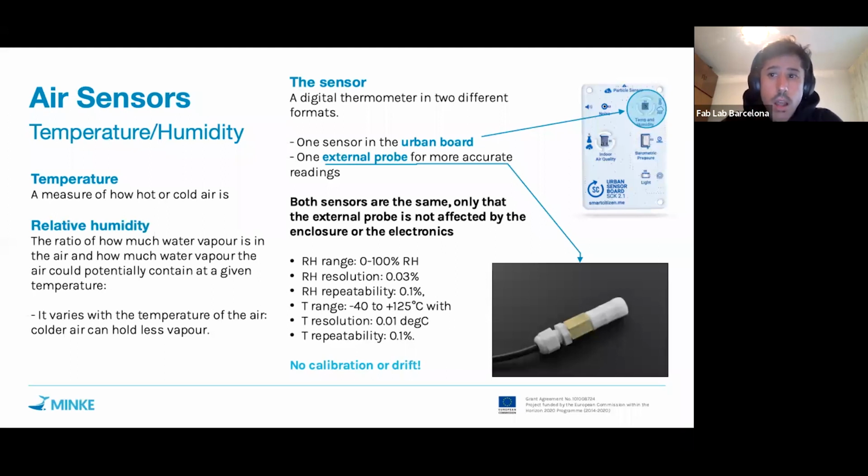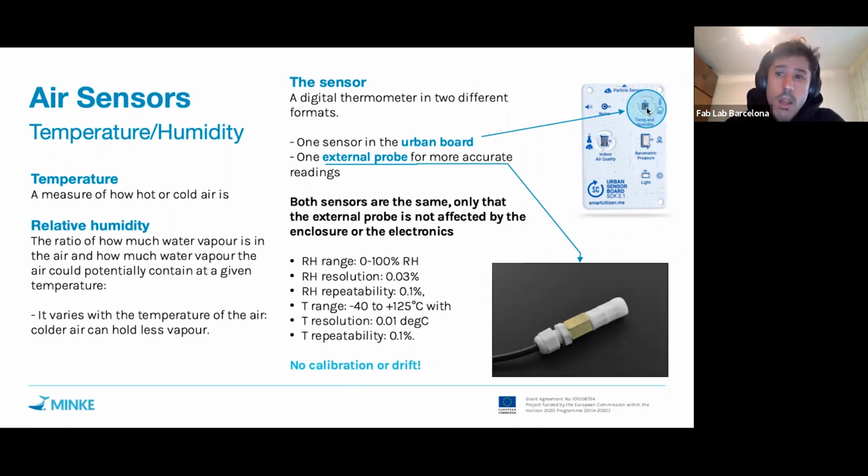So obviously, it's going to be a little bit more affected by all of that than this external temperature probe. So if you need very exact measurements, we would recommend going for this probe, as some of you have already requested. Otherwise, this one is good.